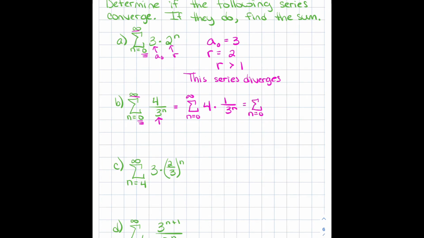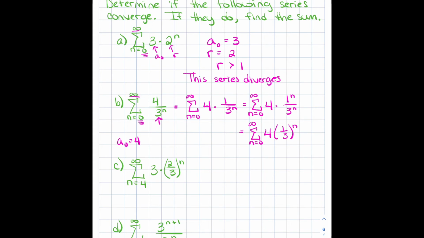Another way I can rewrite this, because that's a 1 in the numerator, I can write this as 1 to the n, because 1 to any power is still 1. And then finally, since that's 1 to the n and 3 to the n, I can just write this as 1/3 to the n.